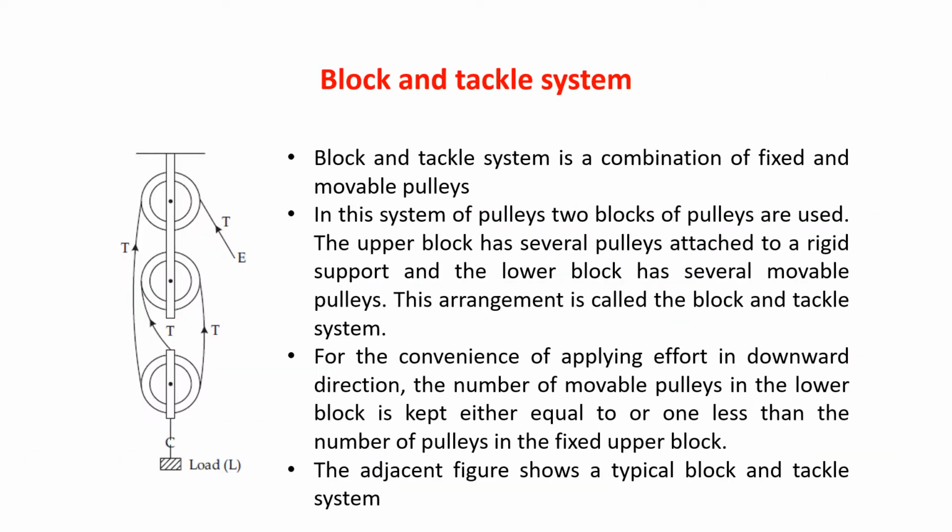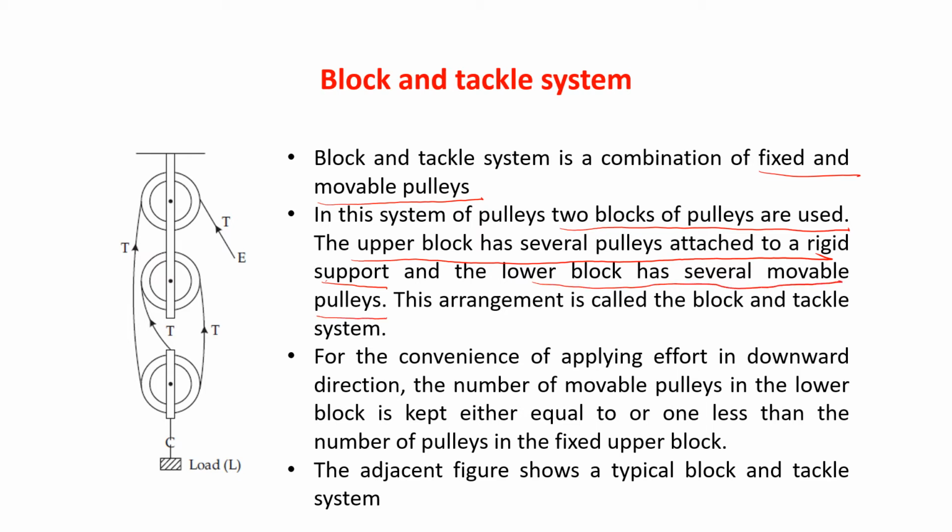Block and tackle system. Block and tackle system is a combination of fixed and movable pulleys. In this system of pulleys, two blocks of pulleys are used. The upper block has several pulleys attached to a rigid support, and the lower block has several movable pulleys.